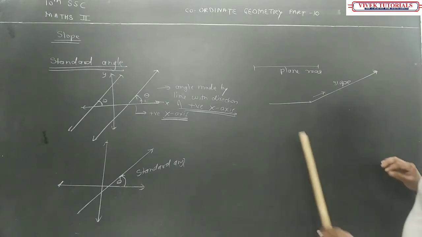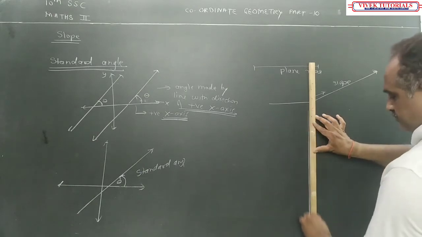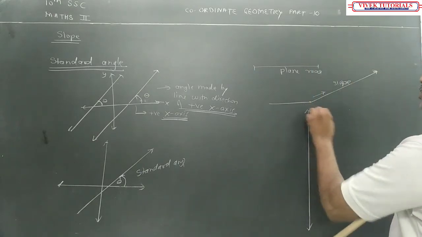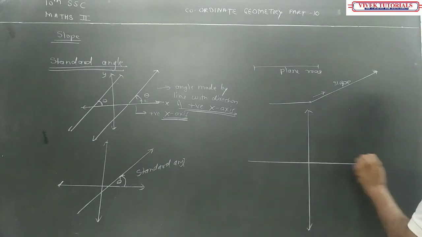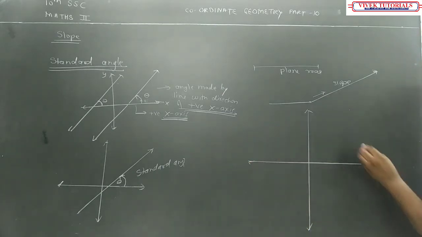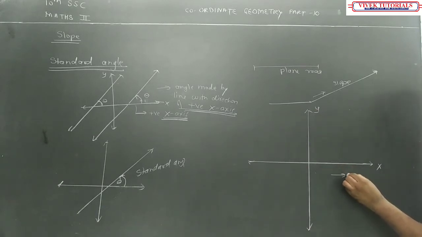Now I will go for the third part, that is the slope of the line. Okay, so for us, this is the x-axis, this one is the y-axis, this one is the positive x-axis.